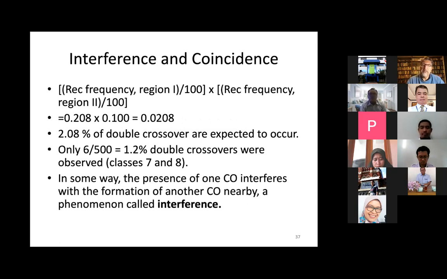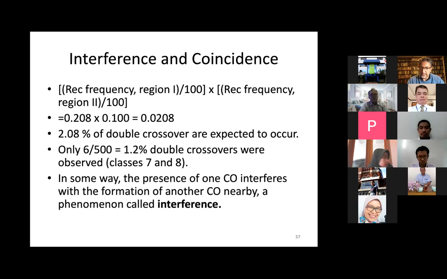So if there was complete independence between the crossing overs occurring in region 1 and region 2, then we would have the same value, but we have a lower observed ratio of double crossovers than expected.